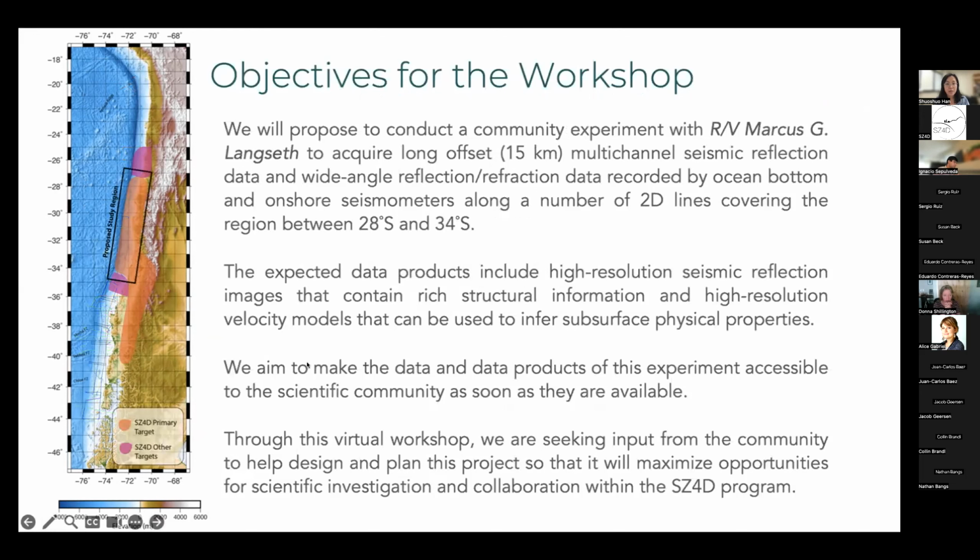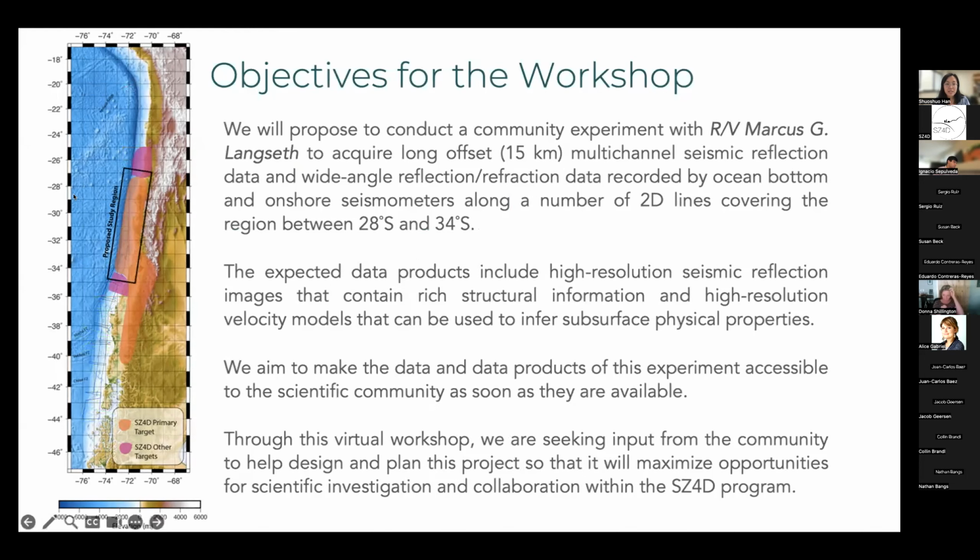So we will propose to conduct a community experiment with RV Langseth, taking advantage of its advanced imaging capability to acquire long offset multi-channel seismic reflection data and wide-angle reflection and refraction data recorded by OBSs and onshore seismometers.